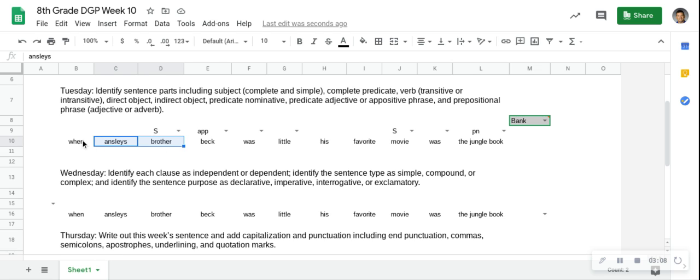When and back. So now that we have all 4 words that are modifying it, you can't see it highlighted up there, but I should show you that in the class. You want to highlight all of them from when Ainsley's brother back. And we're going to click on our little waffle up here, our borders.